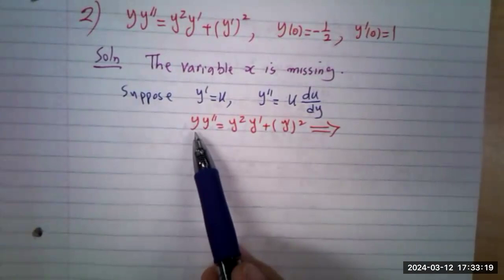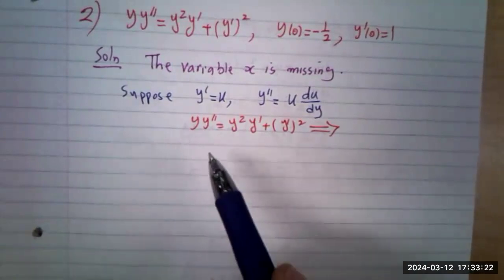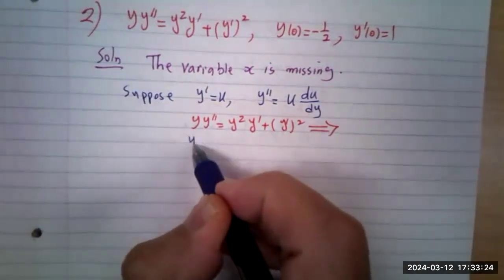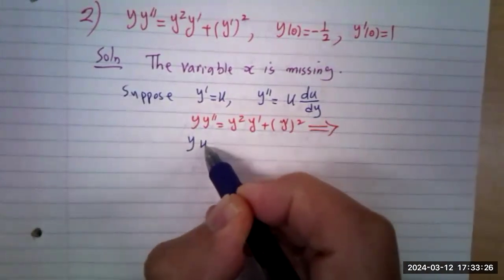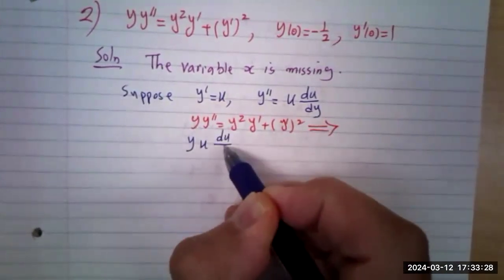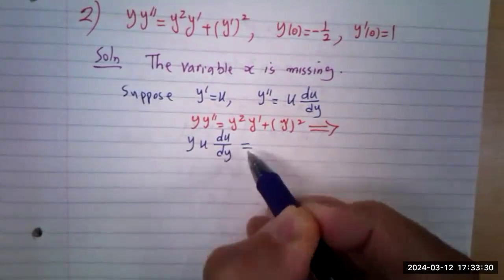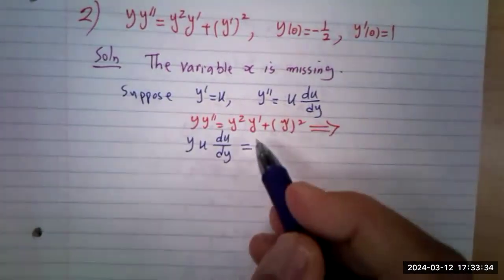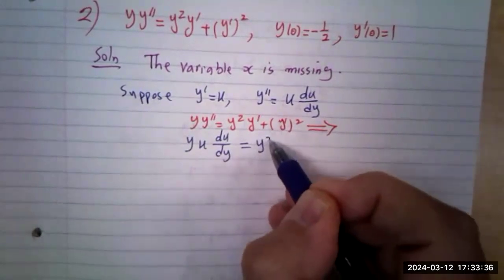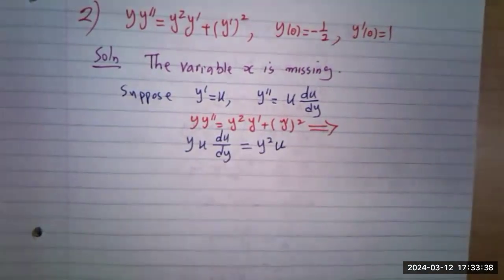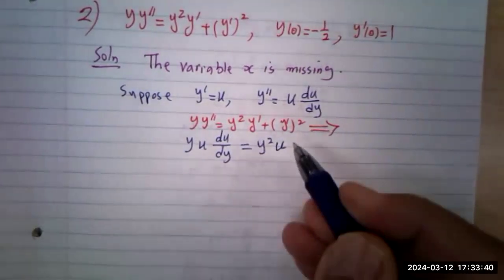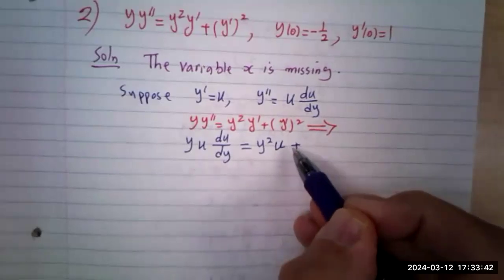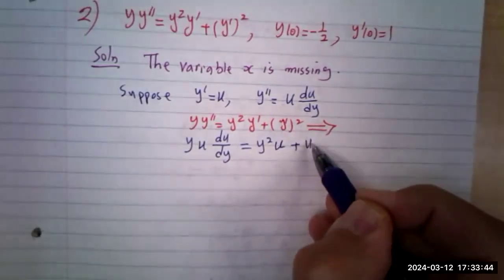If you substitute, y double prime becomes u du/dy, a term on the left. To the right, we have y squared times y prime, which is u, plus y prime squared, which is u squared.